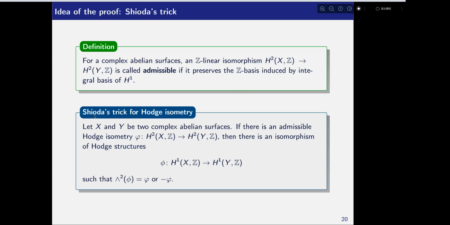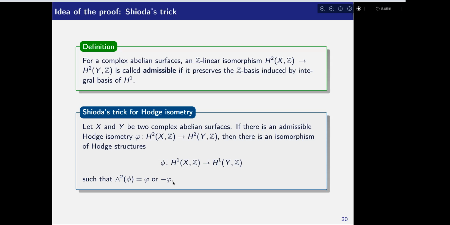And Shioda has used this trick to show the following for Hodge isometry. If there are two complex abelian surfaces, and we have some admissible Hodge isometry, which means such an admissible map is an isometry and also preserves the Hodge structure, then there will be an isomorphism of Hodge structures between the first cohomology of X and Y such that the wedge product of phi equals phi or minus phi.